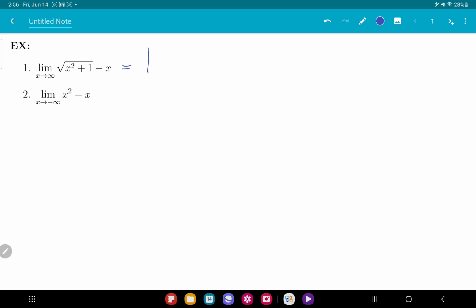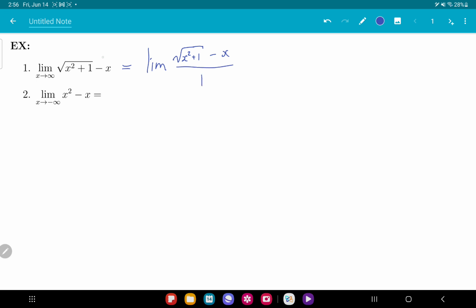The fancy footwork I'll use here is going to be a rationalization. So I'm going to actually treat this as a fraction. This is not obvious, but you start by learning the tricks and then you can use them.